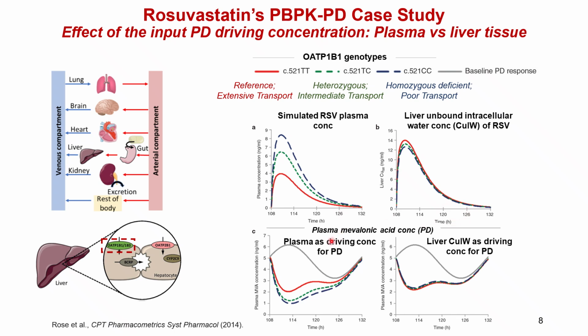The model also assessed the effect of the OATP1B1 transporter genotypes on the drug response, which is the plasma mevalonic acid concentration. Here, the PD was assessed with both plasma as the driving concentration for the pharmacodynamic response, as well as the liver as the driving concentration.